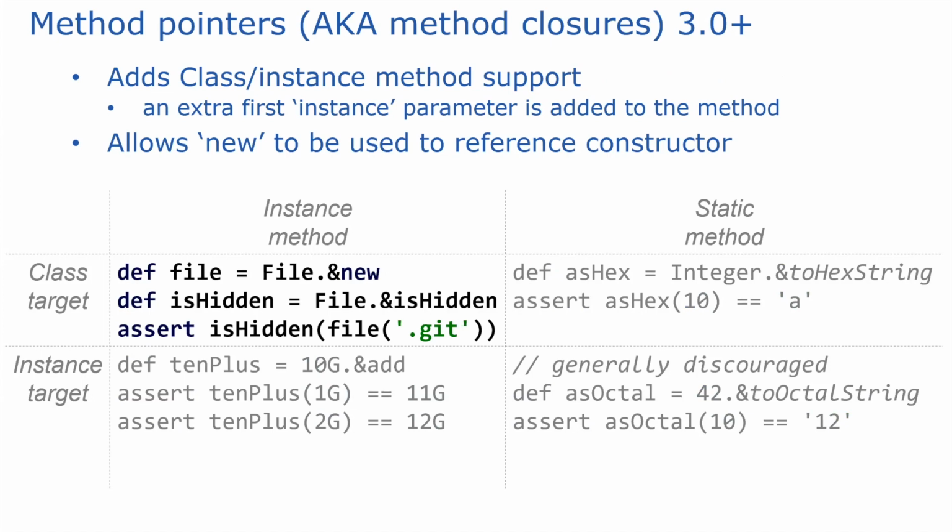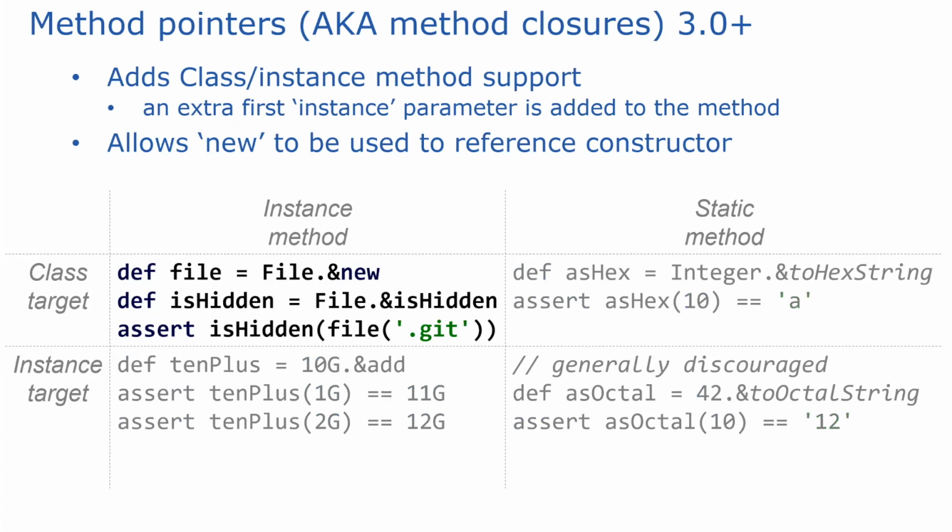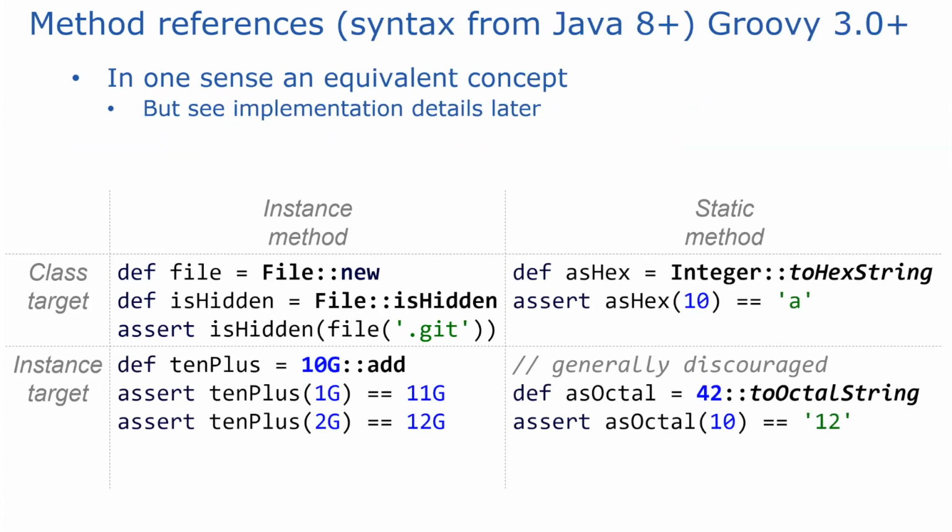So in fact, both these tables now have identical functionality, but with the double colon instead of the dot ampersand. So if you're familiar with what Java would be doing here, Groovy will now do the same for both the dot ampersand and the double colon.